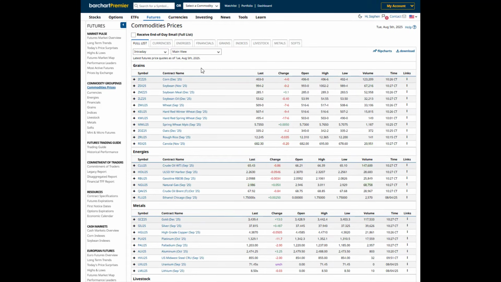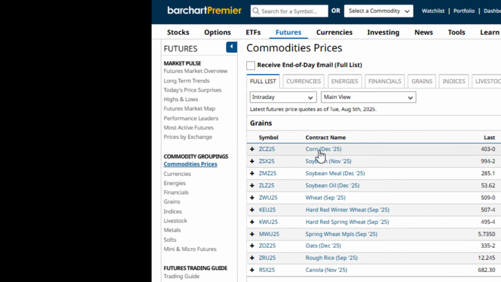Want to pull up on a couple of things as well. You can see the contract name there, and you can also see the symbol. That's the ticker. Now in this top example we've got ZC Z25. What does that actually mean? Well, the ZC is the corn part, and as we will see shortly, the Z25 is a code.